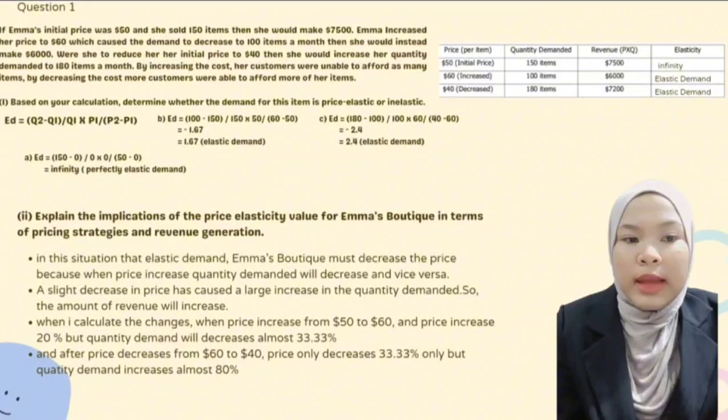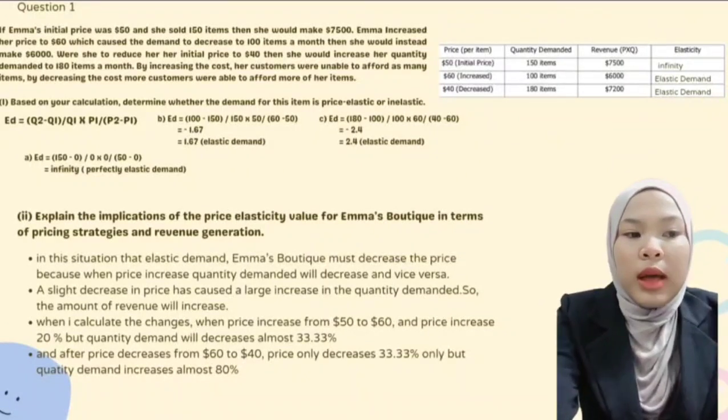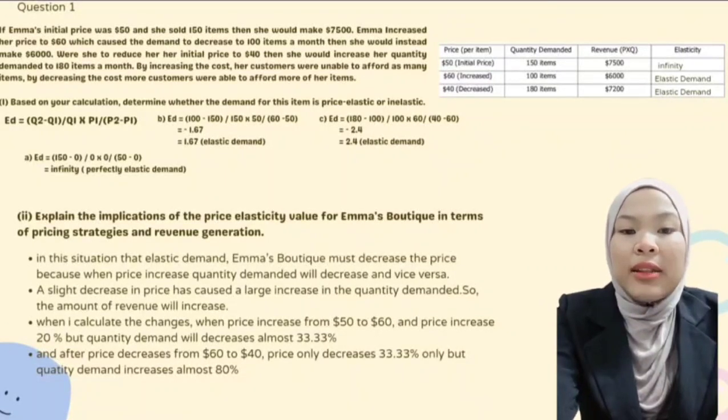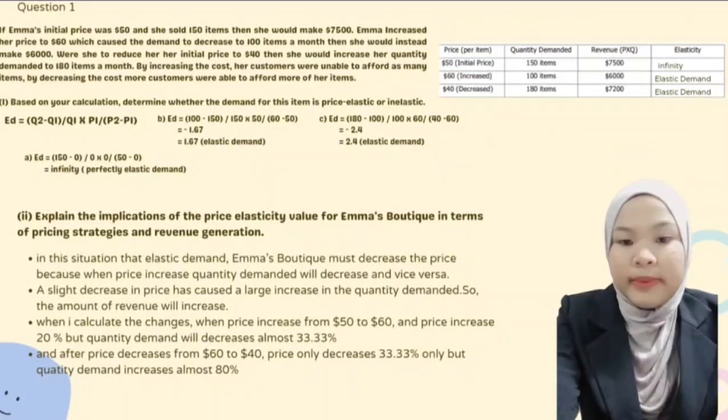When the price increases from 50 Singapore dollars to 60 Singapore dollars, the price increases 20%, but quantity decreases almost 33.33%. And after the price decreases from 60 Singapore dollars to 40 Singapore dollars, the price decreases only 33.33%, but quantity demanded increases almost 80%.